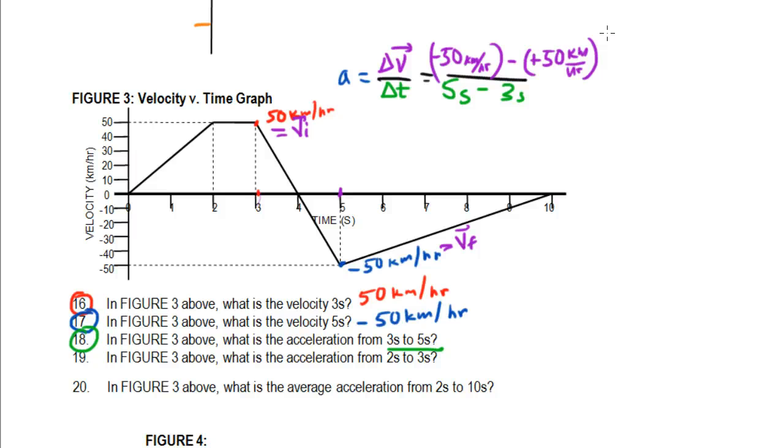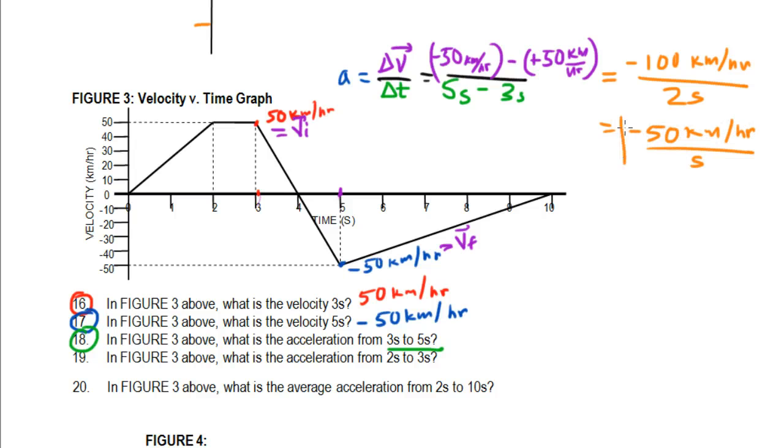All right? And so now we just do the math, and let's do this in orange. Equals negative 50 minus 50 is negative 100 kilometers per hour divided by 5 seconds minus 3 seconds, 2 seconds. This is going to equal negative 50 kilometers per hour per second.